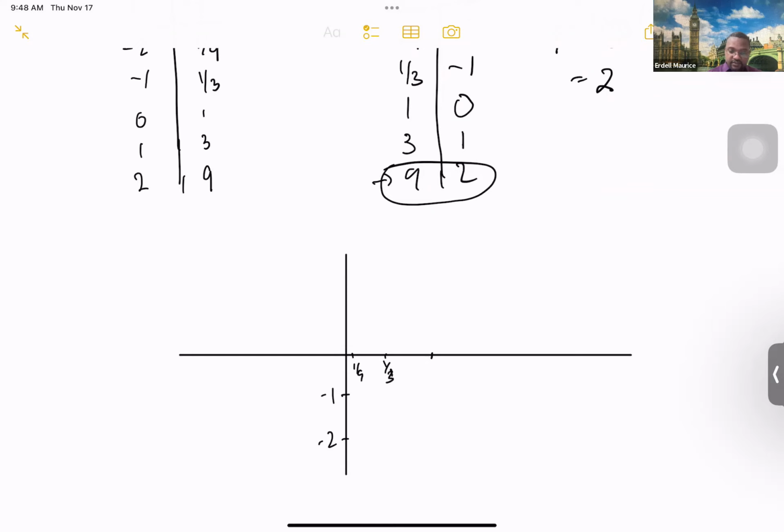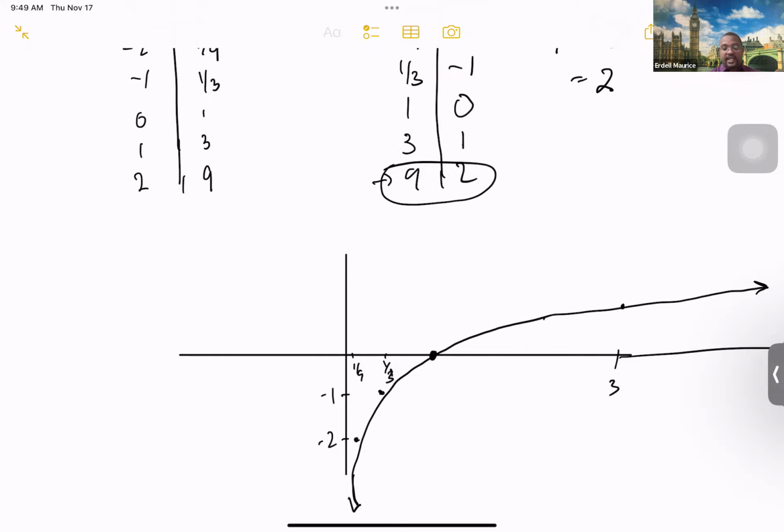At 1, the graph is 0. At 3, so 1, 2, 3, way over here, the graph is 1, and then 9 is way over here. I can't get 9 on here. And so the graph of the function will look like this. Beautiful graph, beautiful.